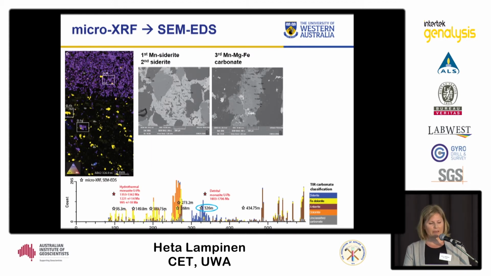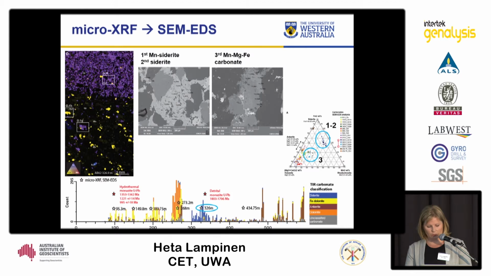Then there's a third generation which has more of an ankeritic dolomite composition. So it implies that the later carbonate had less manganese and iron.